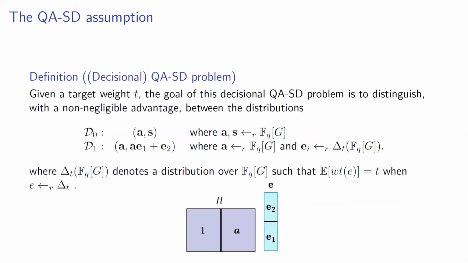So we can, in fact, rewrite the D1 distribution in this way if you want to have the code vision in a clear way. We can imagine that we want to distinguish this from a random element of FQG, knowing H. And so how can we ensure that it is secure?